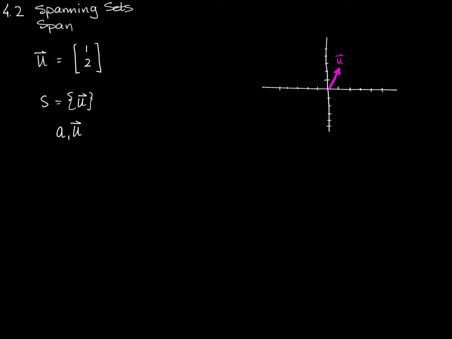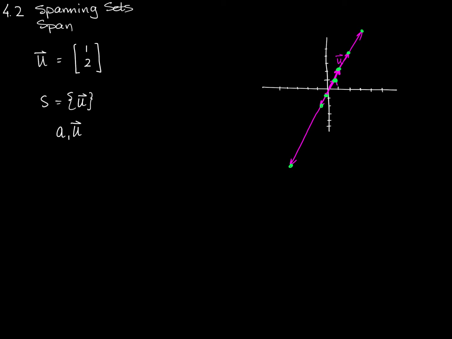And what that means is that all I have here is a series of extensions, scaled versions of u. And so my endpoints all line up on a single line. So if I only have one vector, the span is not all of R2, it's a line.